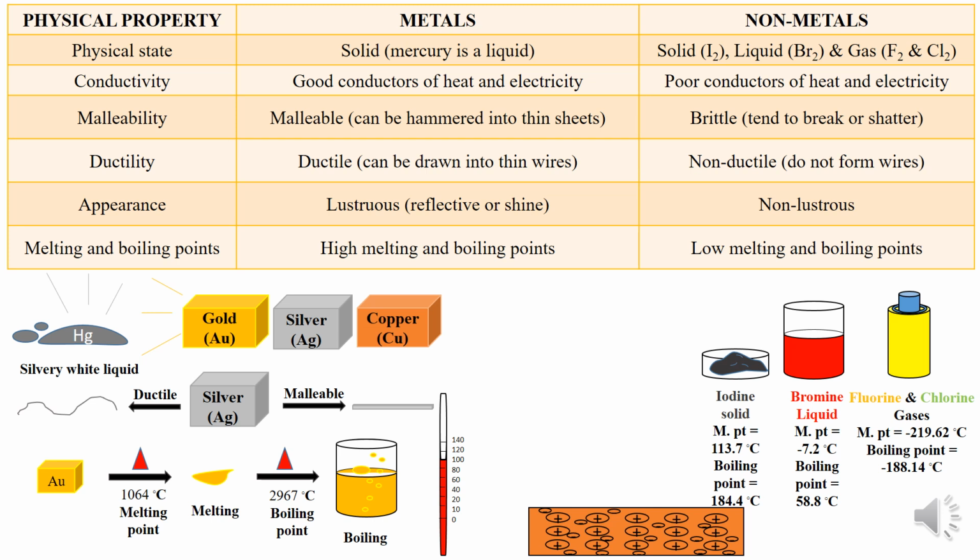Now, the strong electrostatic force of attraction between the positively charged metal ions and the negatively charged delocalized electrons gives the metals their high melting and boiling points, which I have just explained with respect to the noble metal gold.